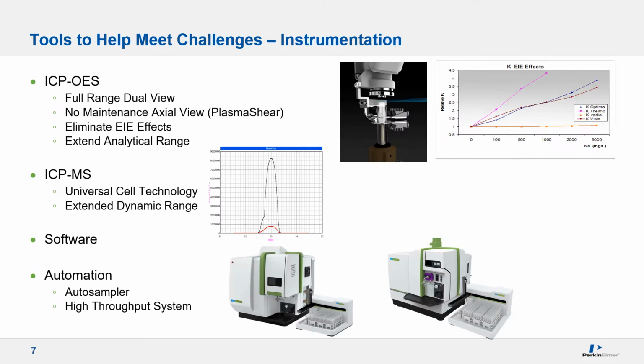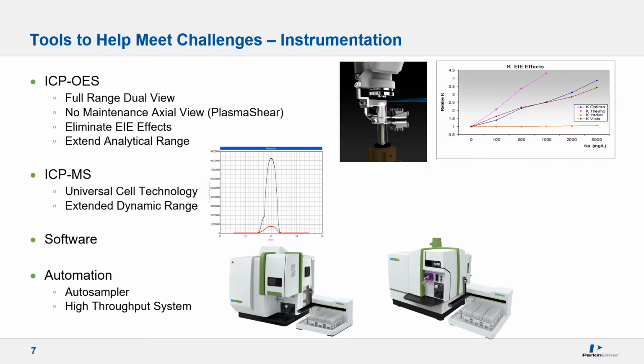So some additional tools that can help the analysts meet their challenges in the instrumentation. For ICP-OES, we have full range dual view, no maintenance axial view with plasma shear technology in the Avio system, helps eliminate easily ionizable element effects, and extends the analytical range of the instrument. In ICP-MS, the NexION series ICP-MS, we have universal cell technology, which provides us with the ability to reduce interferences, avoid spectral interferences on our analytes of interest.